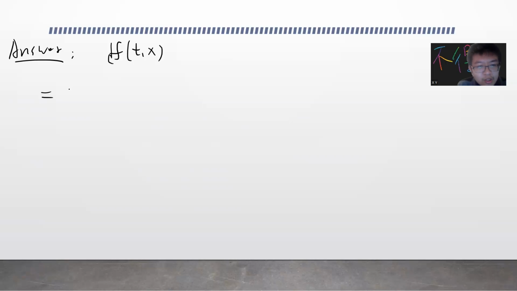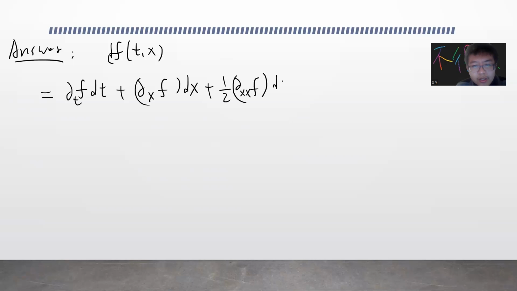So df, you see the idea of the chain rule: partial f partial t dt plus partial x f dx. This is the chain rule. But in this case, you need to add a second term, and this second term I only add for the x term. Don't ask me why. This is just an informal derivation. If you want to know more, maybe in the future.